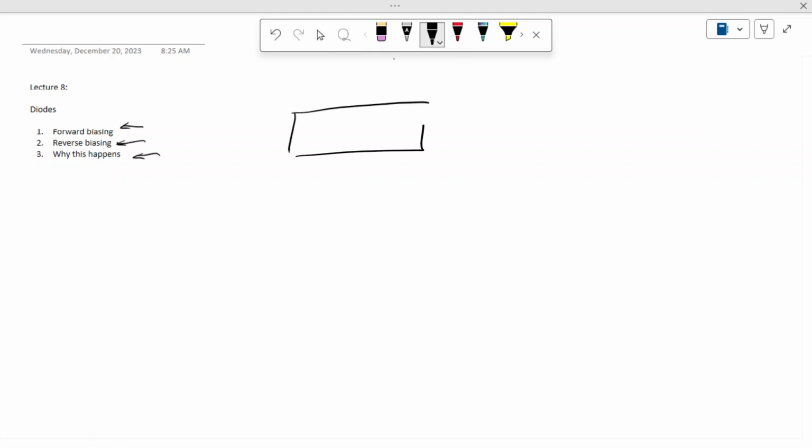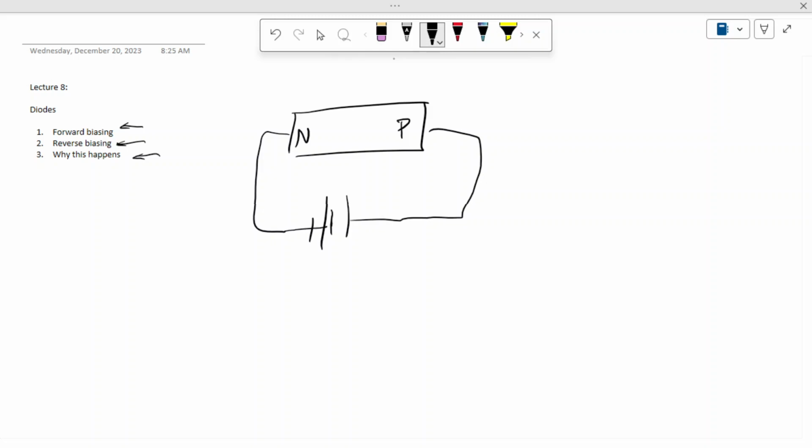If I have a diode, and we learned in the last lecture that it would have an N and a P side, forward biasing would mean that I hook it up like this. Keep in mind, this is a battery. We could also draw it like this.